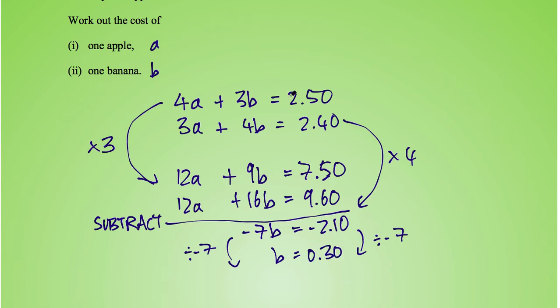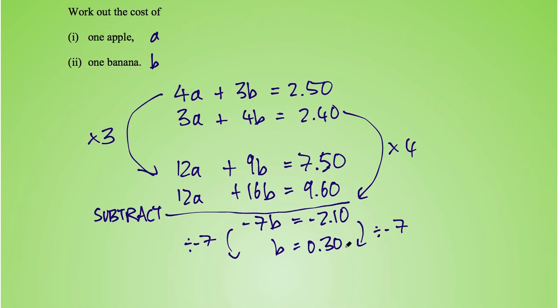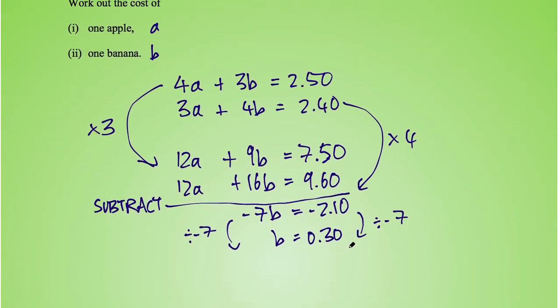It probably would have been easier for me to do all of this without the decimals, just call it 250 pence, 240 pence, and work through in pence. But as it is, I've worked through in pounds, so I've ended up with banana is 30p. Having got the banana 30p, I now need to go back to one of my original equations. Let's choose this one and say 4 apples plus 3 times 30p is £2.50.